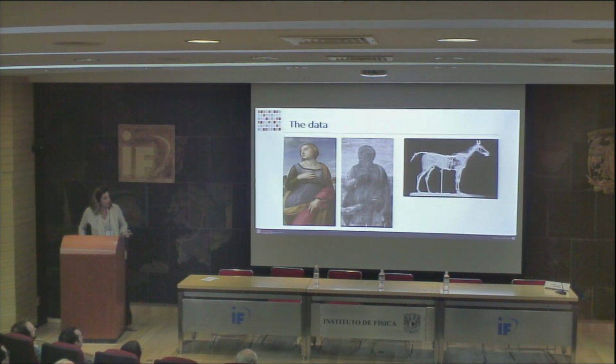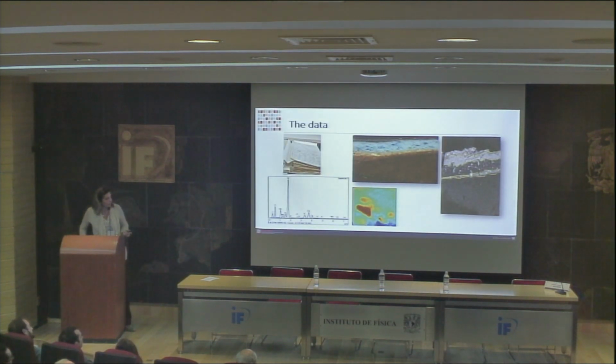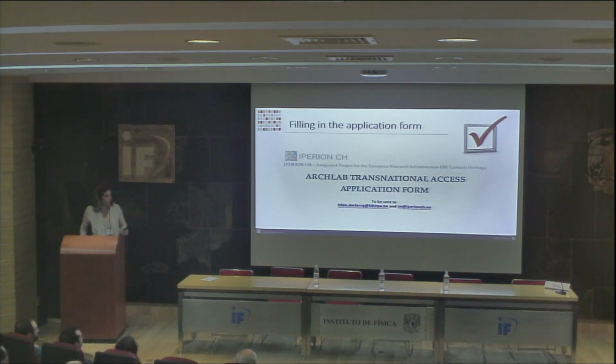Then you can access images of whatever kind: visible, infrared, X-ray radiographies, and so on. You can access cross-sections, data, and also maps of elements. And also the original books describing the history of an artwork.